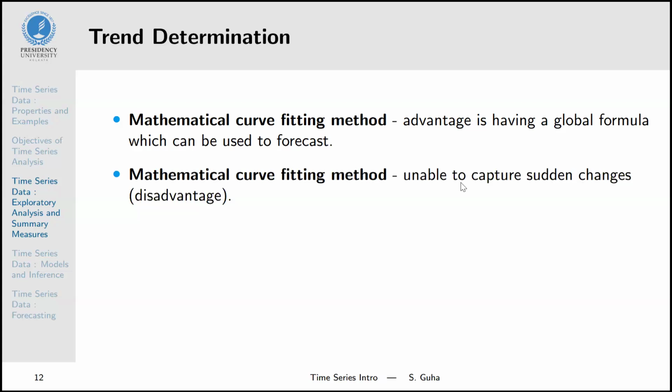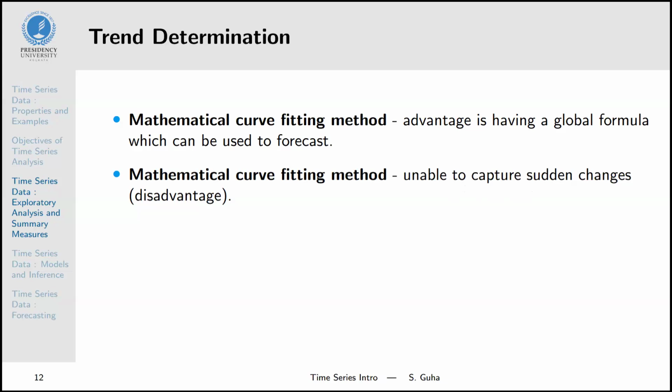However, the problem of mathematical curve fitting is that it is unable to capture sudden changes in the time series. That means it's not very flexible, or not very adaptive in nature. It may happen that your time series was showing some kind of behavior up to a certain point of time, and then suppose some drastic measure like a lockdown was imposed.